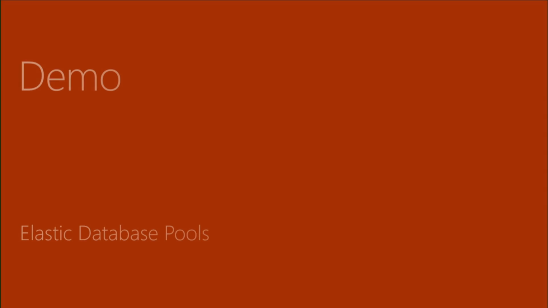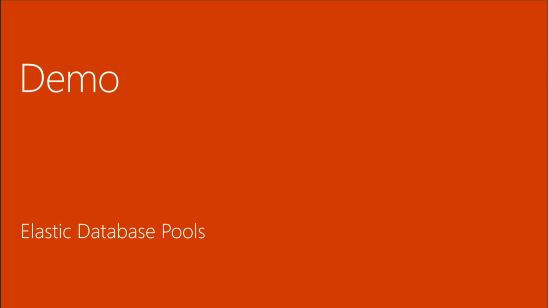Okay, so this was essentially the first challenge that you're going to run into, managing capacity across a large set of databases. When you're facing that challenge, just remember to think about elastic database pools to make it easier for you. Some of our largest customers are running in the order of 100,000 databases for their multi-tenant application.